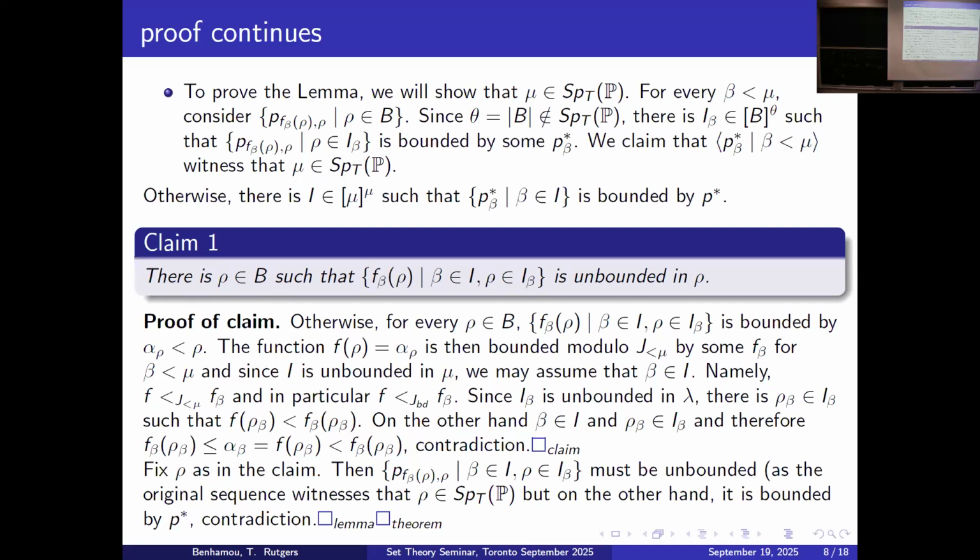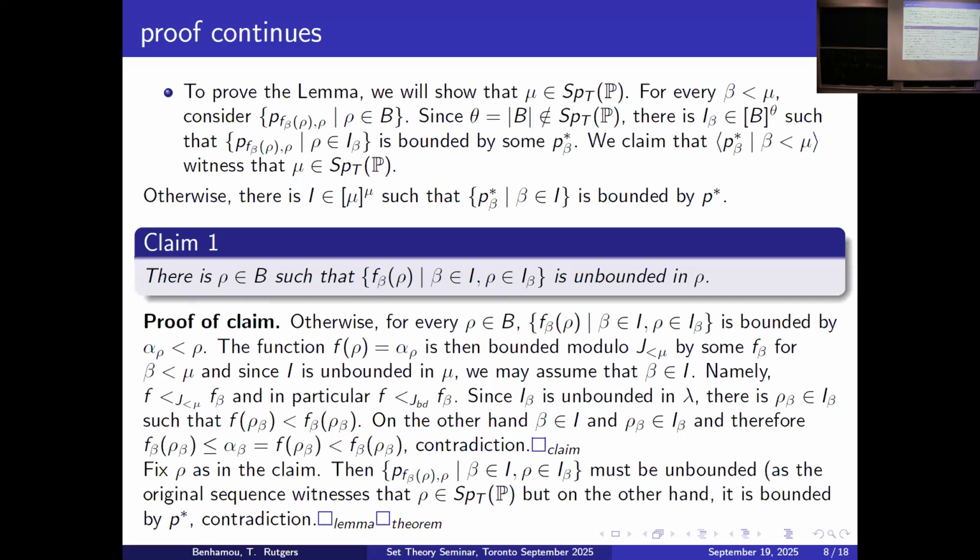F0 would pick this element, this element, this element, some elements. But how many elements does it choose? It chooses the order type of B many elements, which is not in the Tukey spectrum.